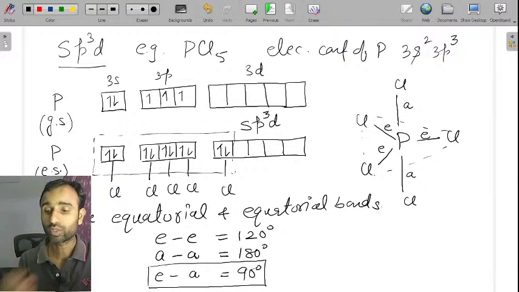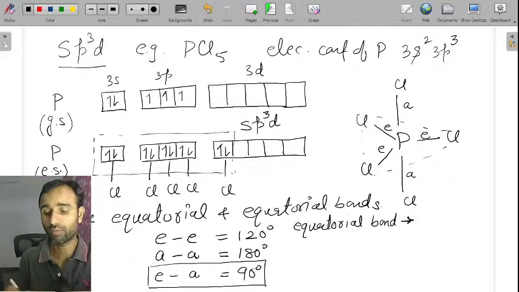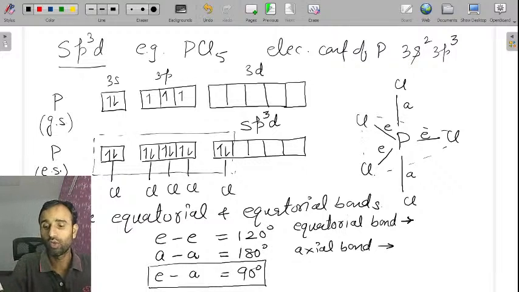Now tell me, for an equatorial bond and axial bond, for an equatorial bond, how many axial bonds are there at 90 degrees? 2.